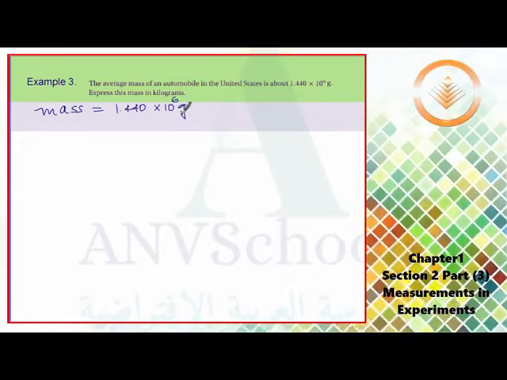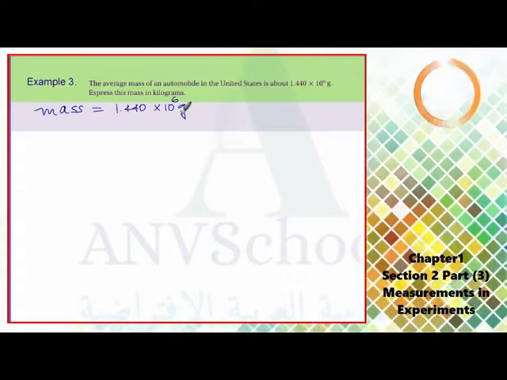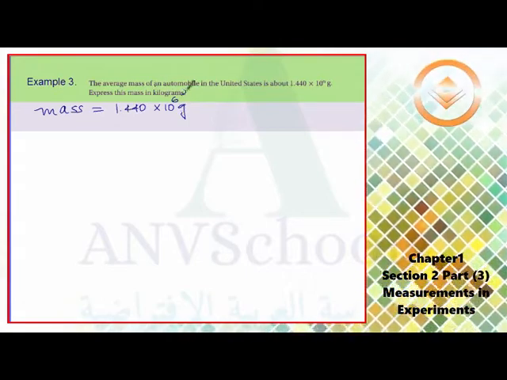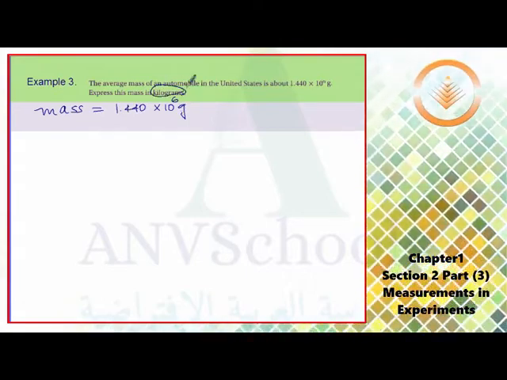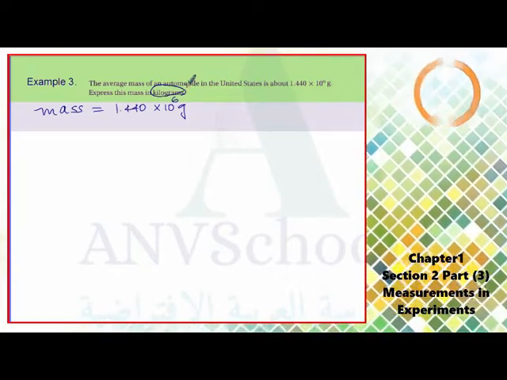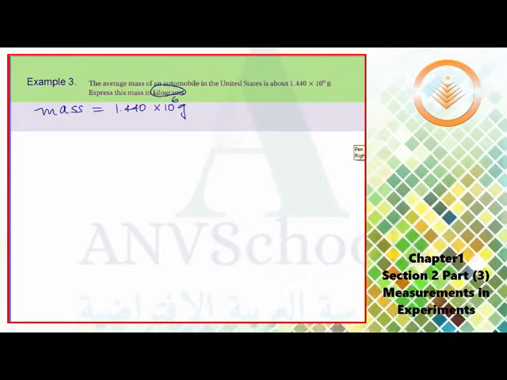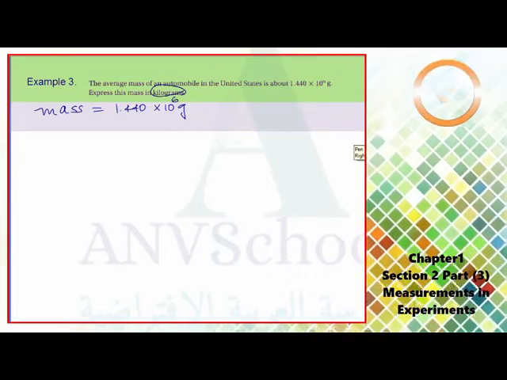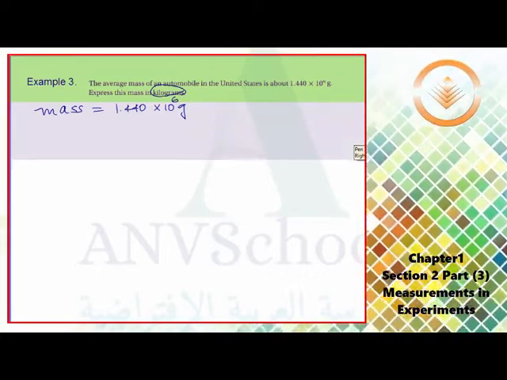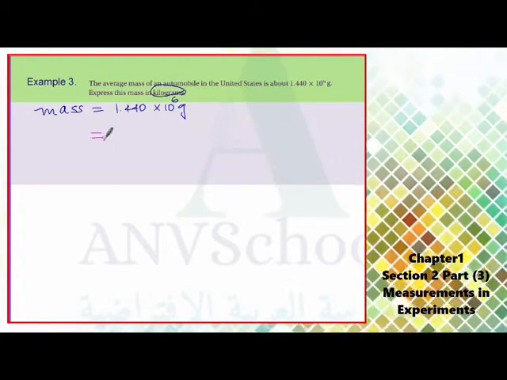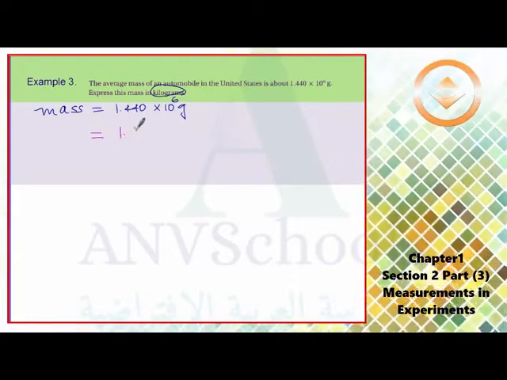So we want to express this mass in terms of kilogram. What you have to do is, I want to write this 10 to the power of 6 as a product of two powers of 10.